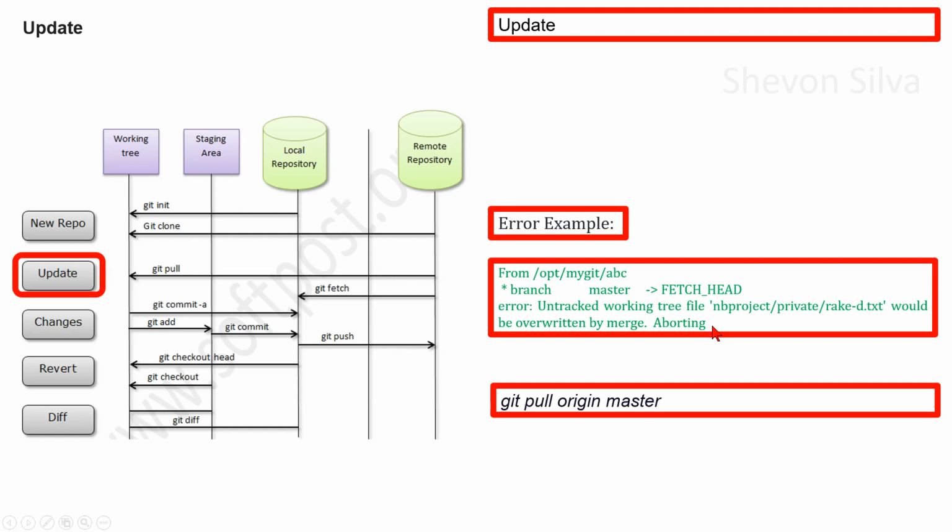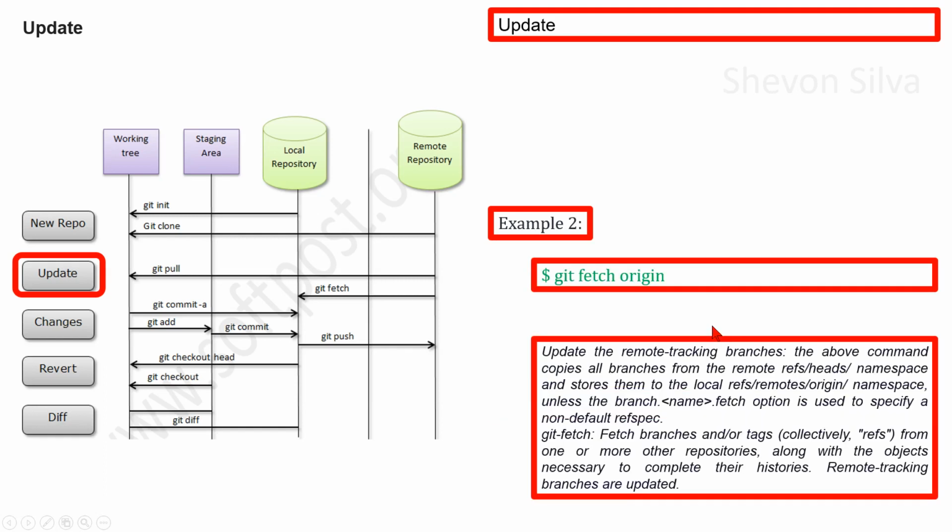This error occurred in git pull origin master. As an example too, we can consider git fetch origin, update the remote tracking branches. The above command copies all branches from the remote refs heads namespace and stores them to the local refs remote's origin namespace unless the branch name.fetch option is used to specify a non-default ref spec.